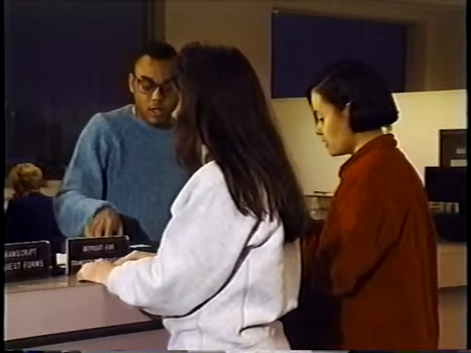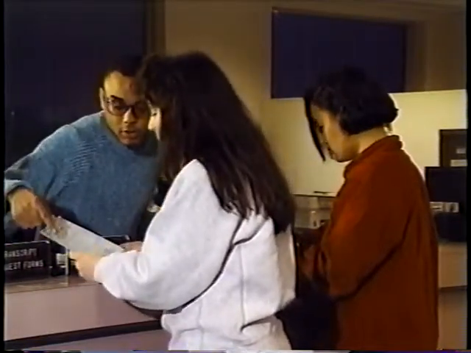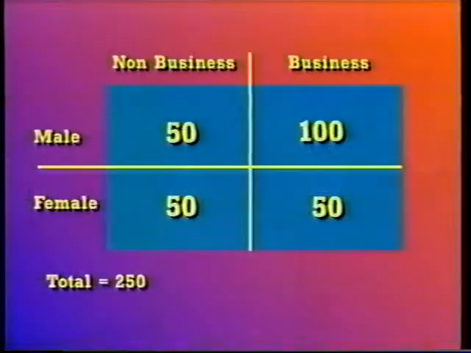Once you have joint probabilities, you can compute marginal probabilities. Assume that the university admissions officer has given you a table of male and female incoming freshmen, both those who are planning to major in business and those who are planning to major in disciplines other than business.